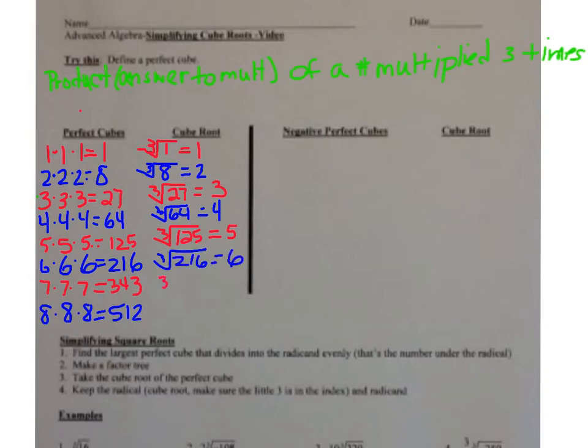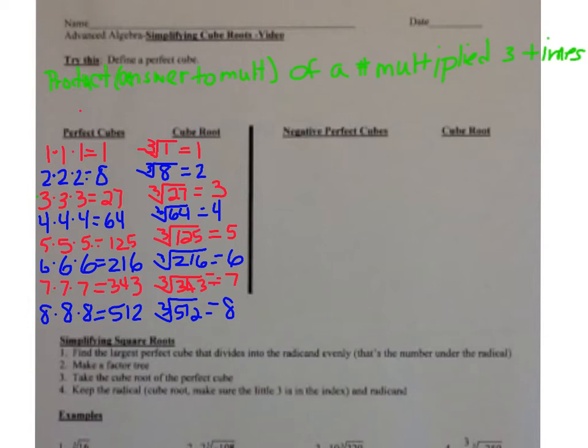The cube root of 343 is 7. That's a 4 in there. And the cube root of 512 is 8. And obviously this list goes on and on and on. It's an infinite list. Okay, so I would know those first 8. You should know them off the top of your head. Any other ones you could always sit there and make a list.